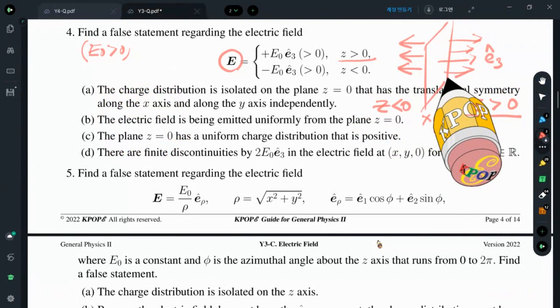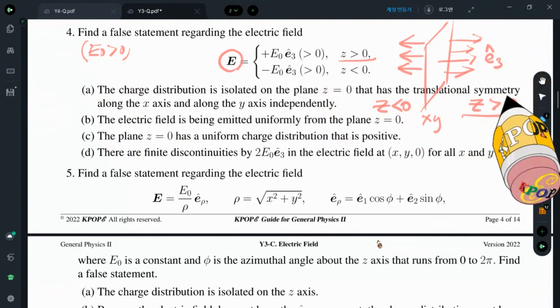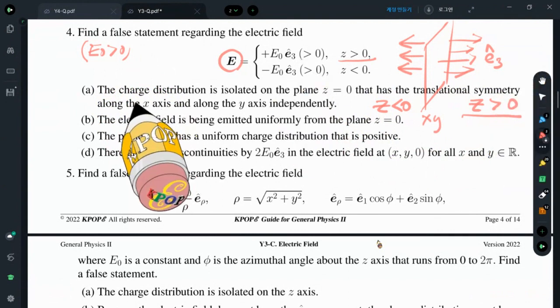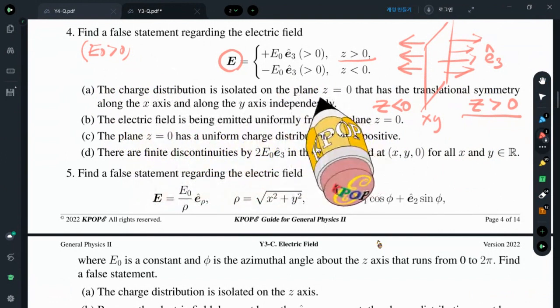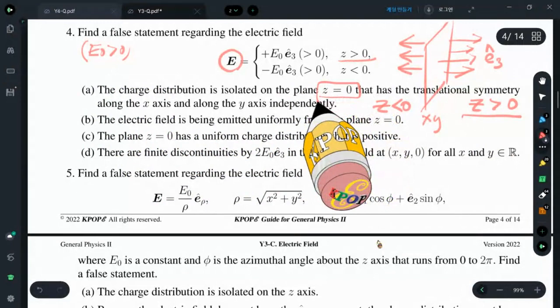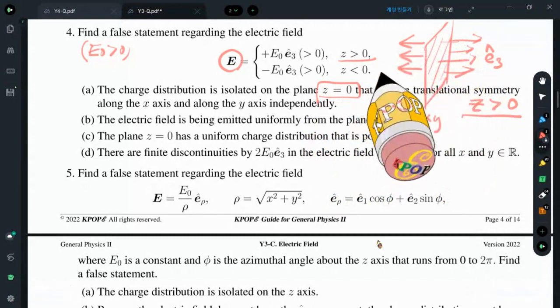Okay. And there is no other contribution along E1 and E2. The charge distribution is isolated on the plane z equals 0, right? Only at this region, the direction of the electric field changes.